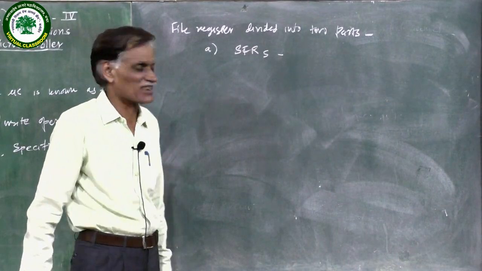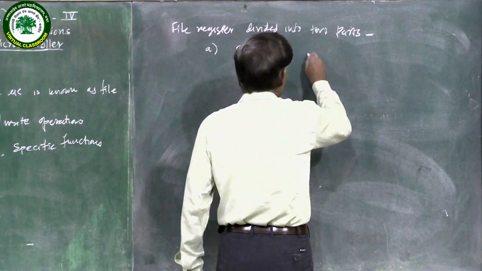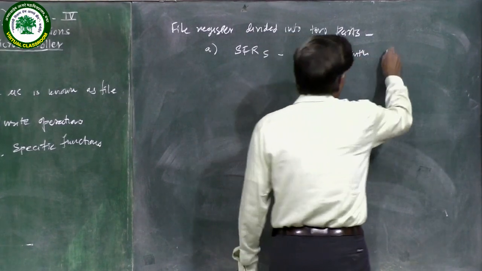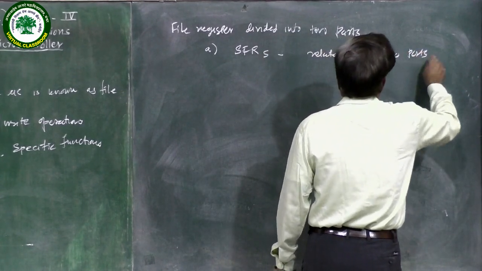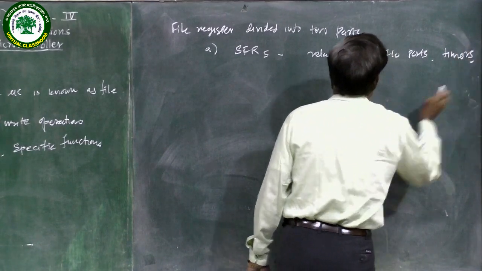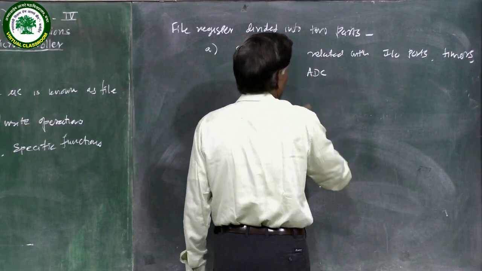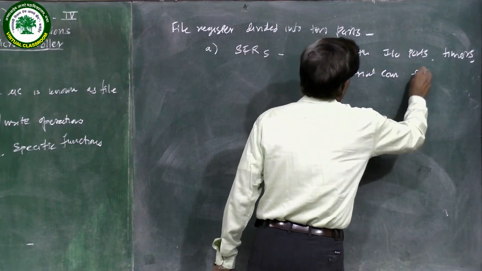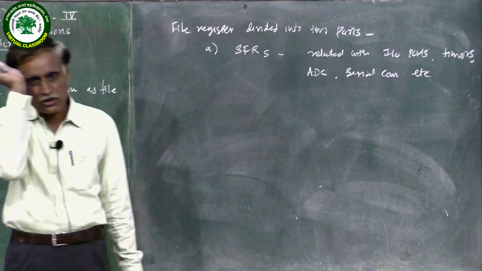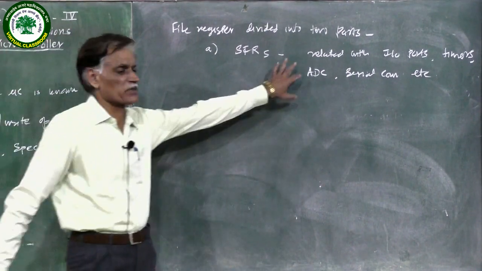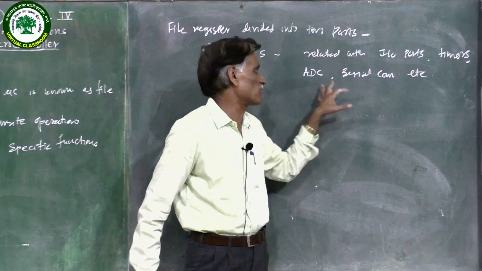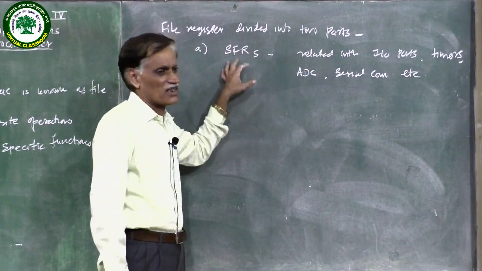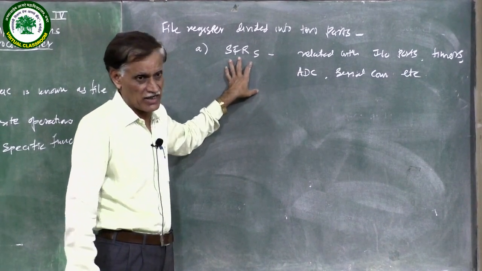These special function registers are related with I/O ports, timers, ADC, serial communication port, etc. Now, in order to carry out this variety of operations related with the ports, timers, analog to digital converters, or serial communication ports, the special function registers are always required.